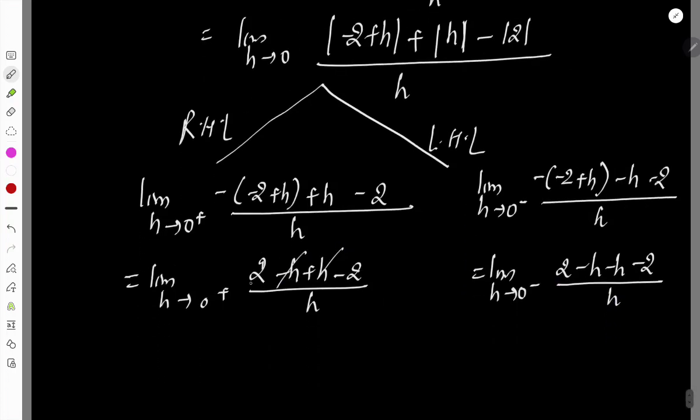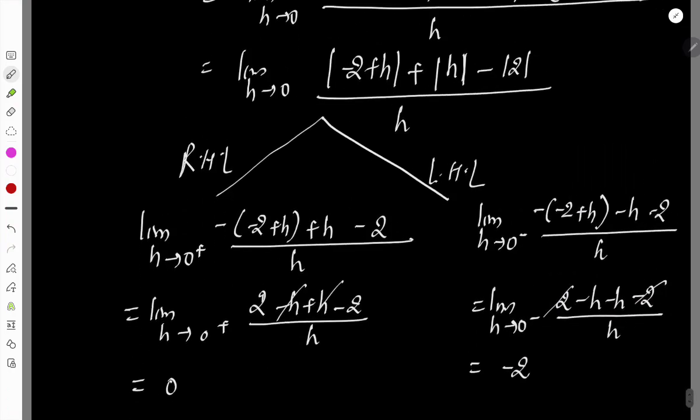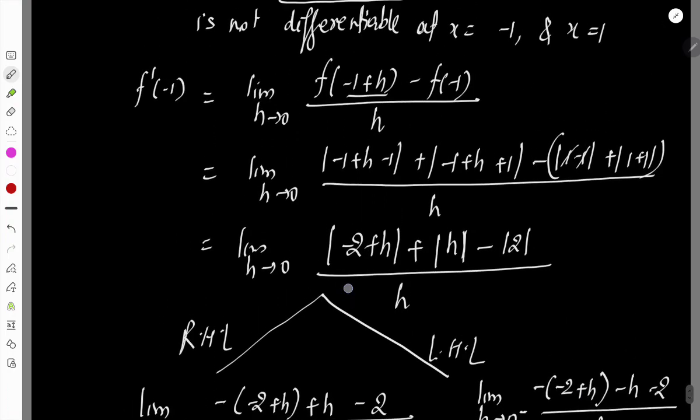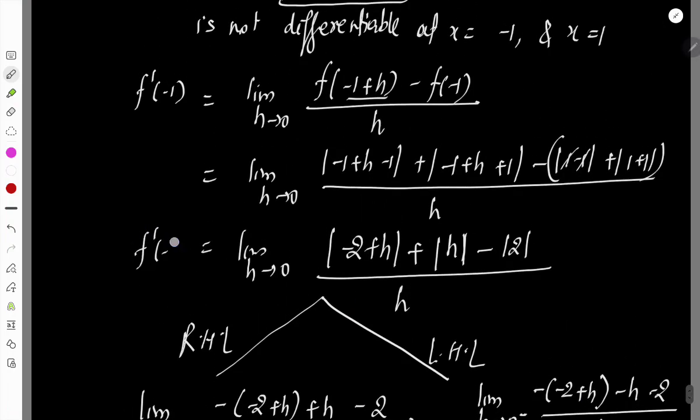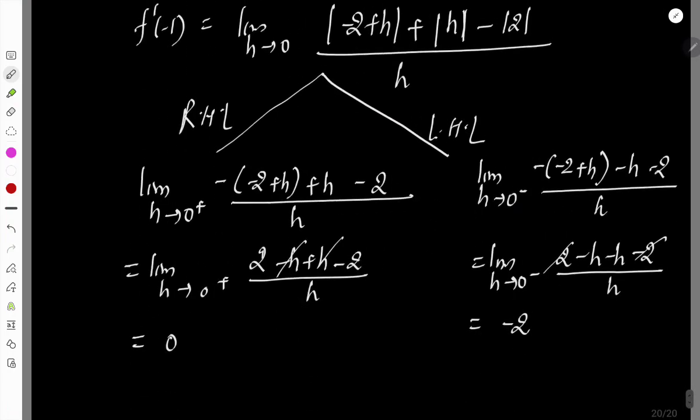Here h and h cancel, 2 minus 2 is 0, we are getting 0. Here 2 cancels, minus 2h by h means minus 2 we are getting. So you can see LHL is not equal to RHL, meaning this limit does not exist, meaning f dash minus 1 does not exist.